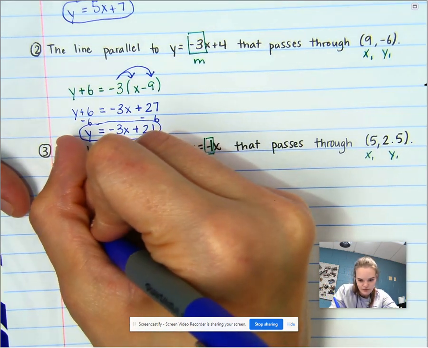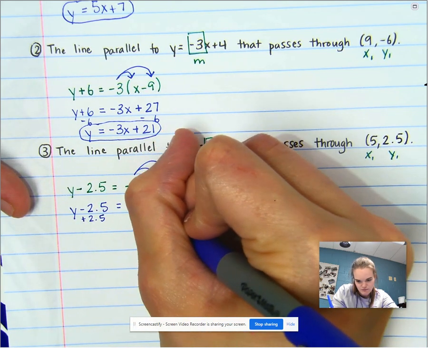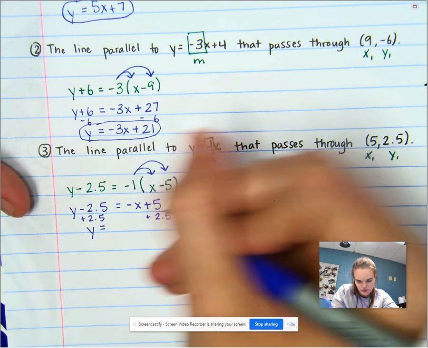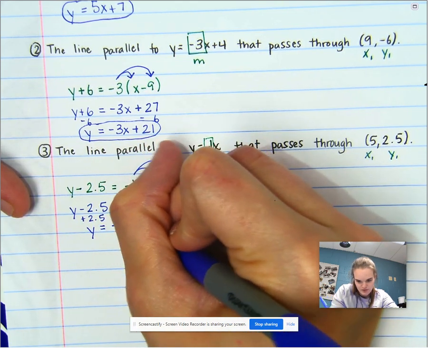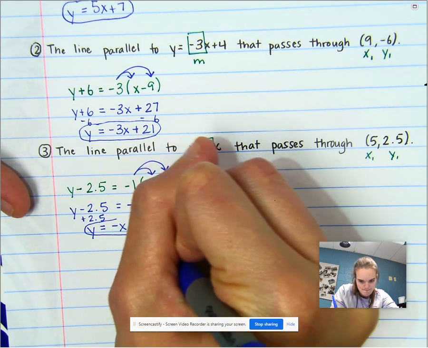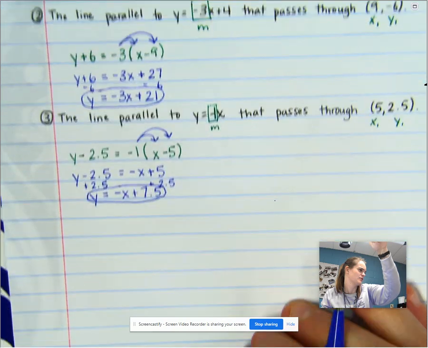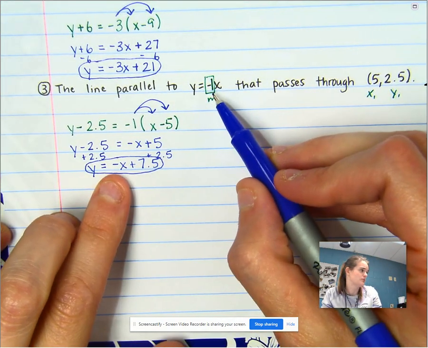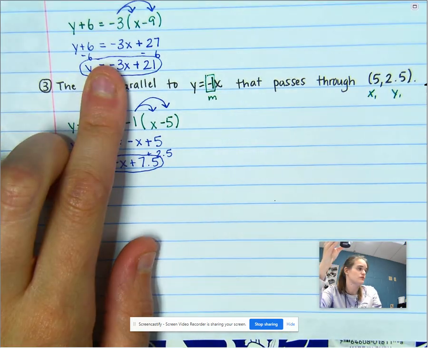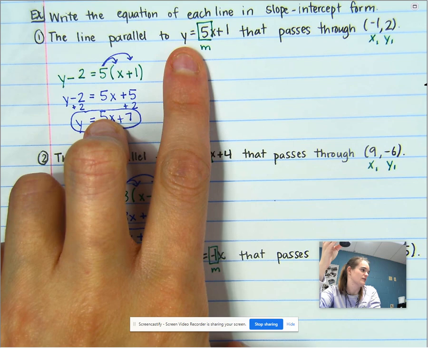Add 2.5. Y equals negative x plus 7.5. Okay, last one we're doing on this page. By the way, something to know, if your slopes don't match on these, then you've done something wrong. That's the whole goal. The slope should match.